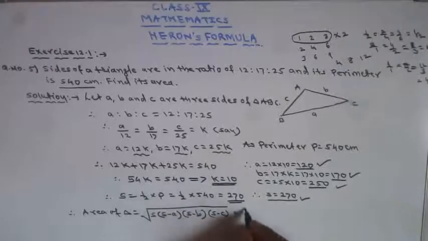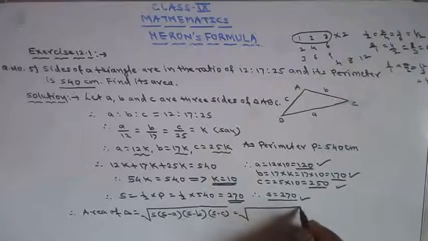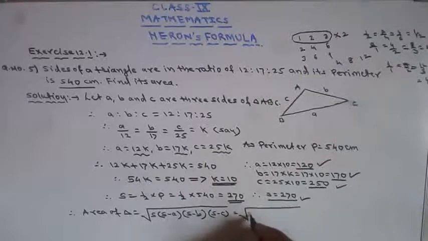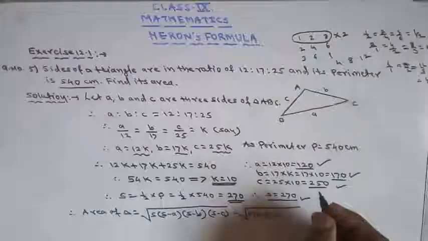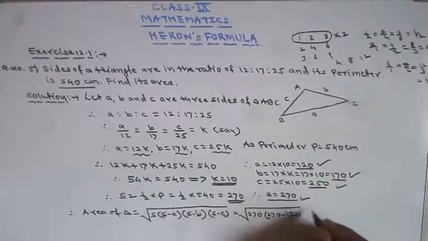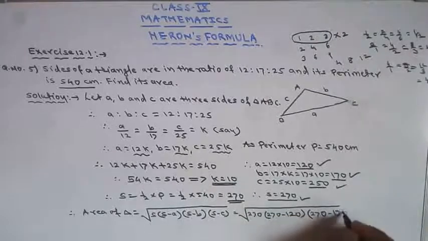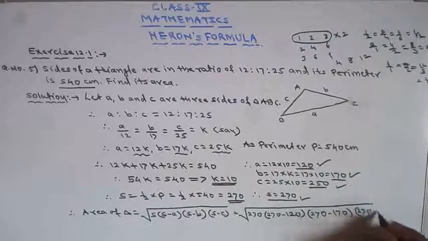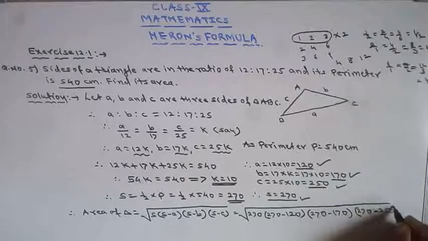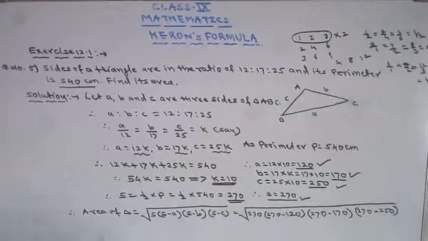So that equals under root 270 into (270 minus a, which is 120) into (270 minus b, which is 170) into (270 minus c, which is 250).